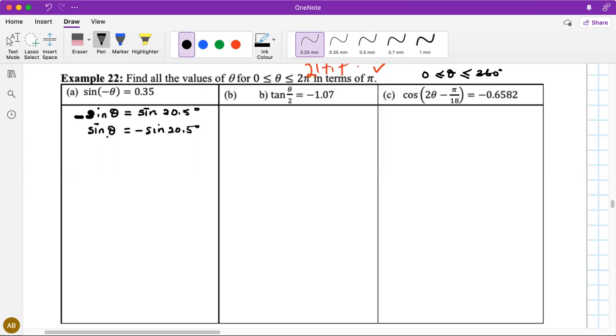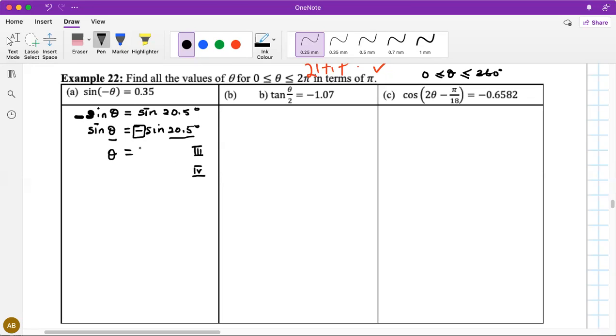Basically, you can see here, negative means the theta angle will be in quadrant number 3 and quadrant number 4.